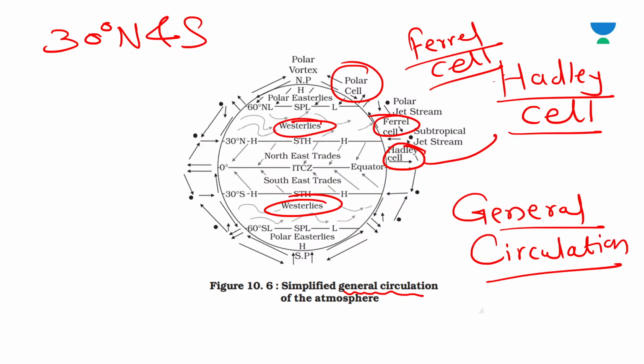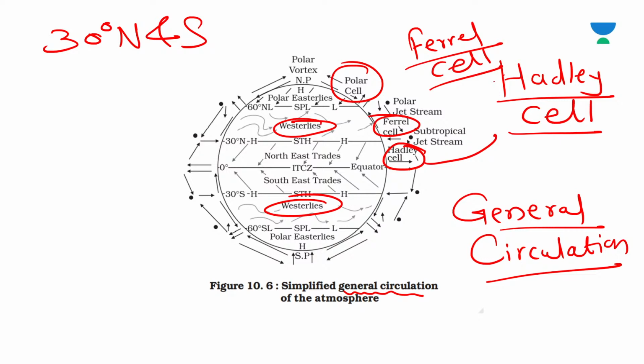Now this causes accumulation of air at about 30° north and south. Part of the accumulated air sinks to the ground and forms a subtropical high. Another reason for sinking is the cooling of air when it reaches 30° north and south latitudes.